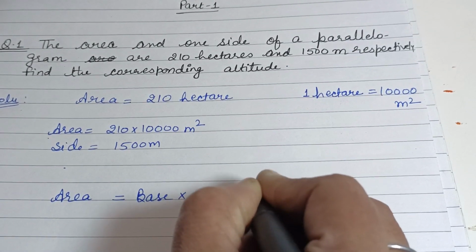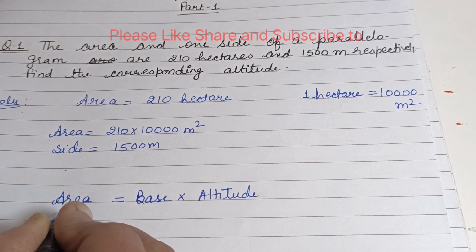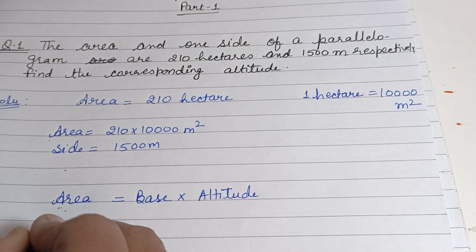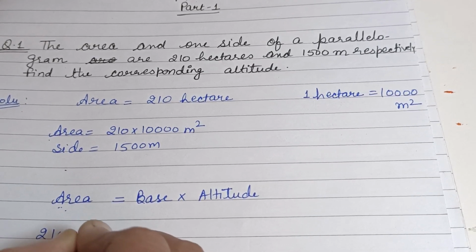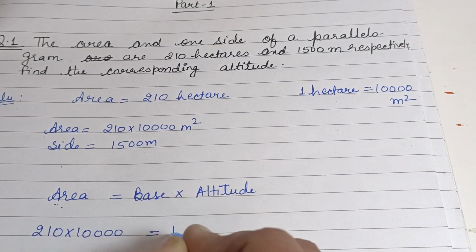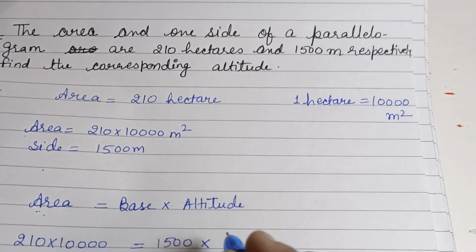Now what will be the base here? Base means the given side. Area I know, so in the next step I will replace the area by its value, which is 210 multiplied by 10,000. Base is 1500 meter multiplied by altitude.